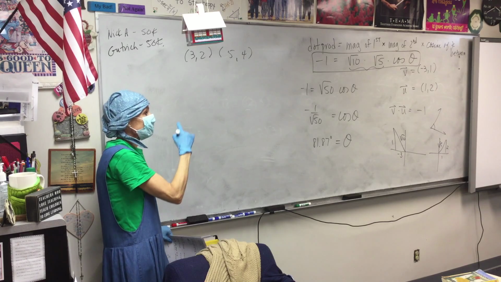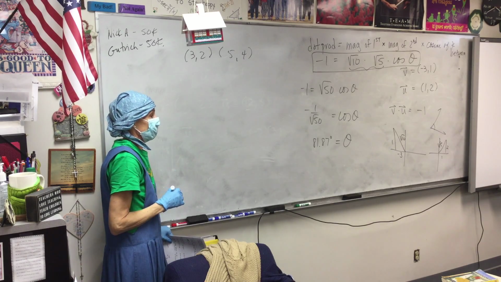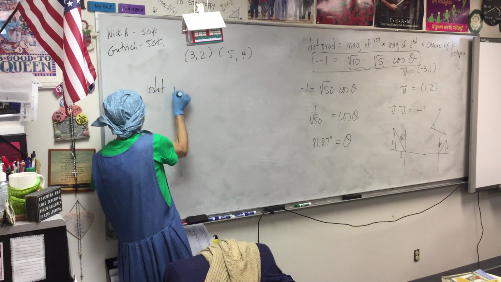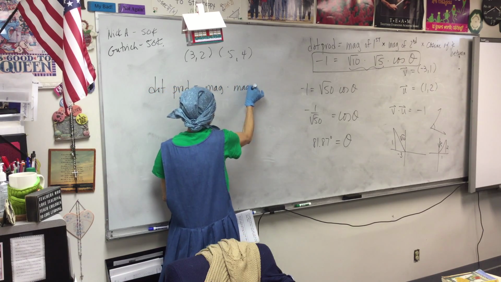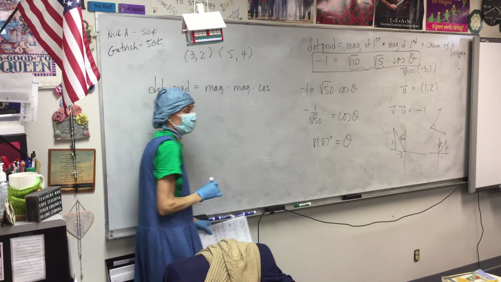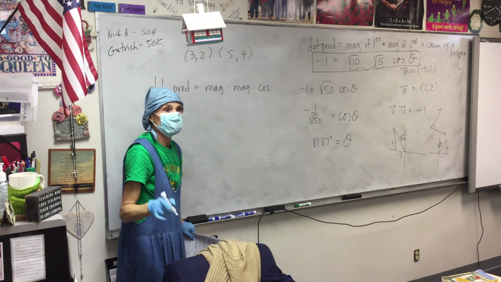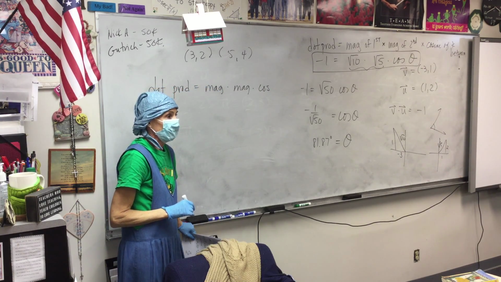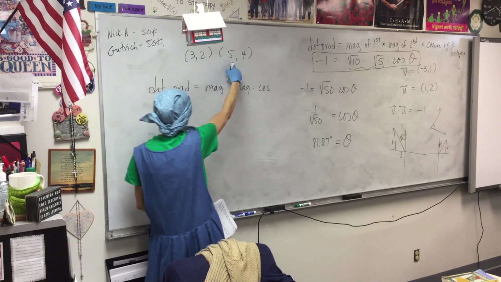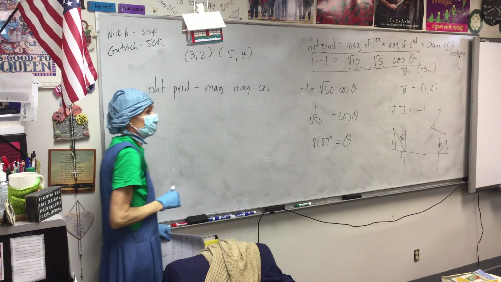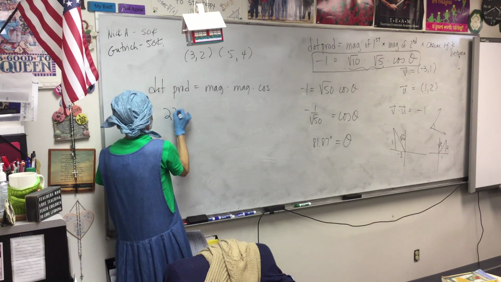So we're going to find the angle between these. Dot product equals magnitude times cosine of the angle between. All right, so what's my dot product? Let's start there. What's the dot product of these two vectors? 23. Perfect.